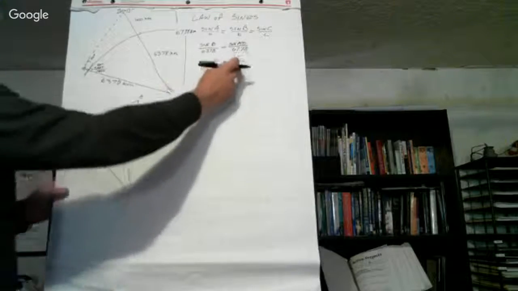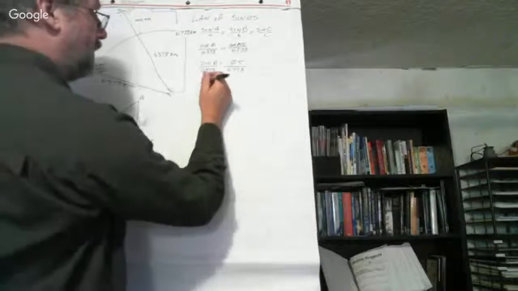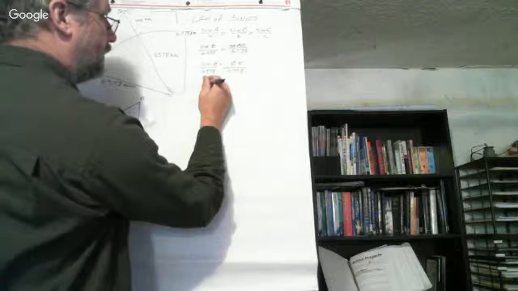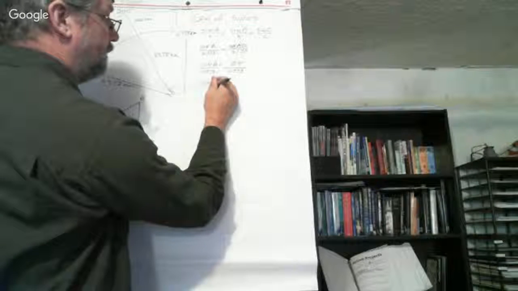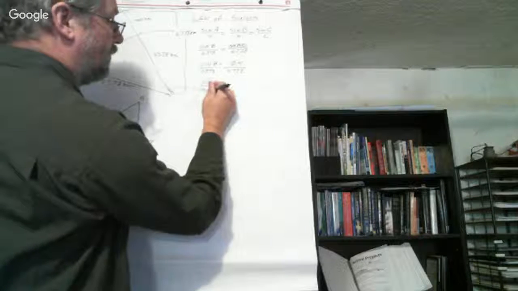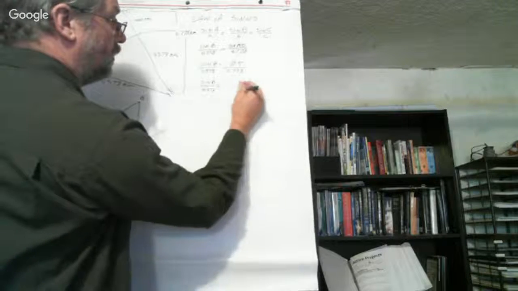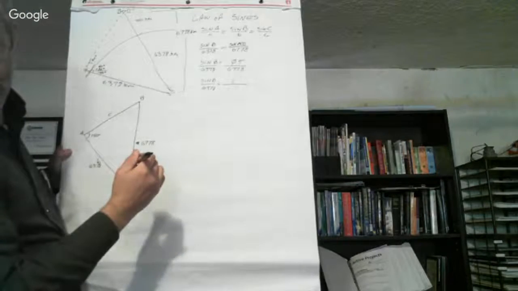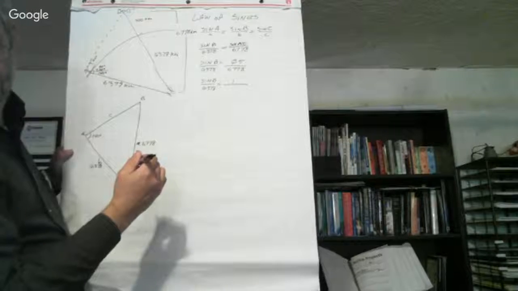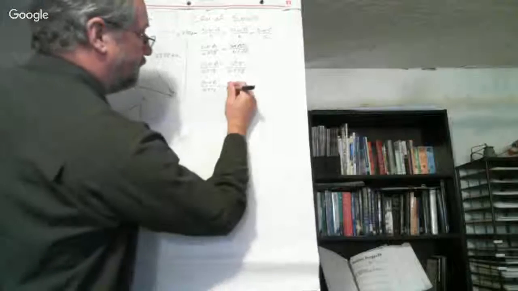So let's multiply the whole thing by 2, and you get sine B over 6378 is equal to 1 over, I've got to refer to my crib notes here, 13556.